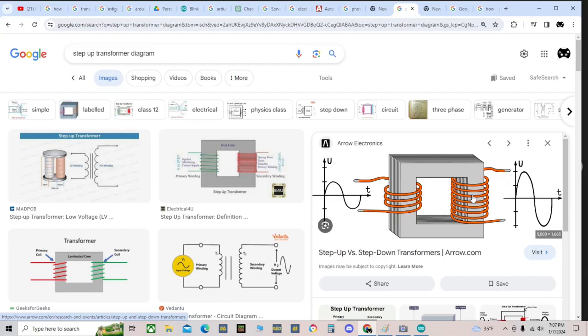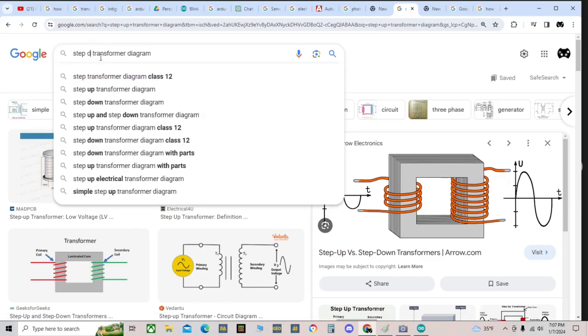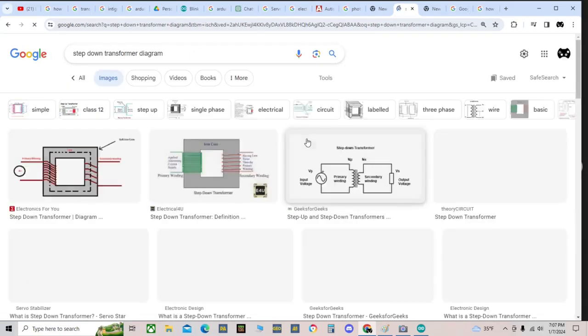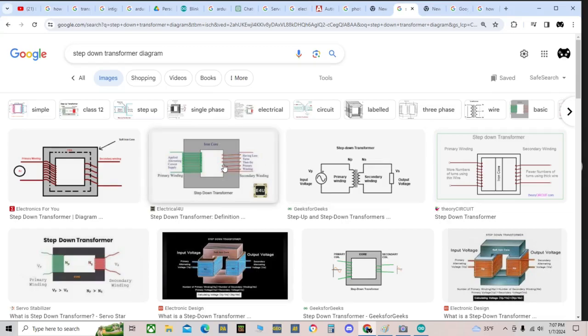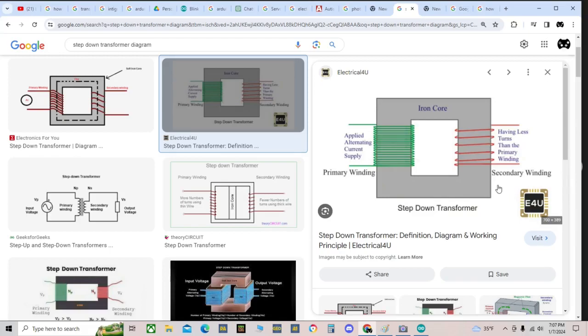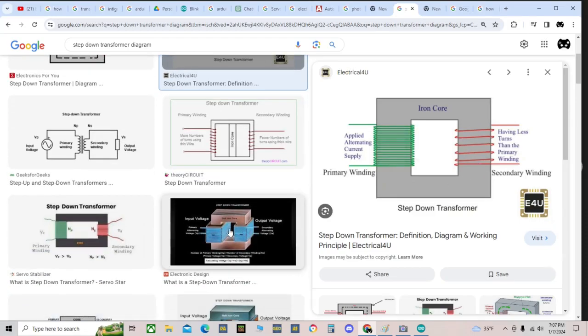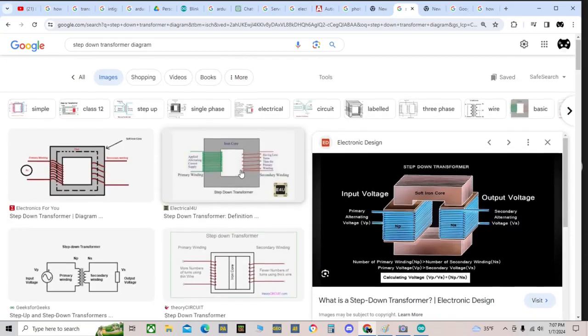This also works in the opposite direction with a step down transformer, which is what your house uses. It takes the high voltage, low current and makes it into low voltage, high current. That's all this really does. It doesn't really do much else.